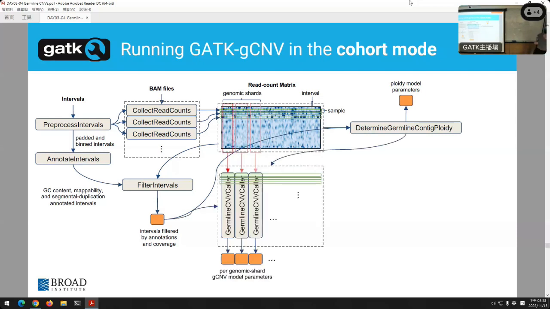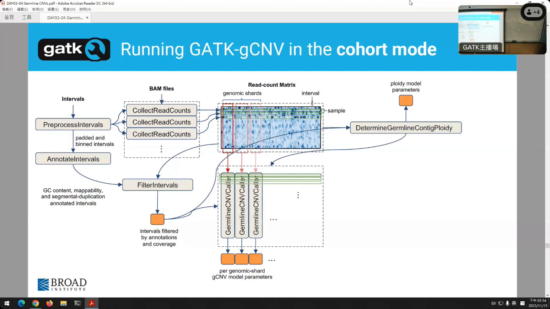And here's where we actually train and run the model in a tool called Germline CNV Caller. So Germline CNV Caller is where we train that generative model and perform Bayesian inference to estimate the copy number state. And you'll notice that it's actually parallelized.